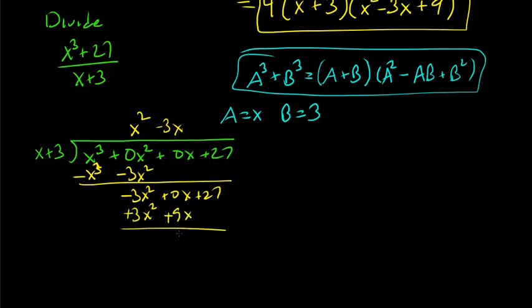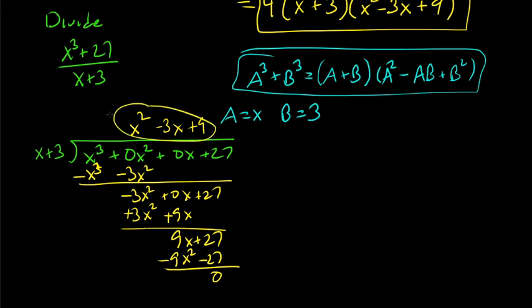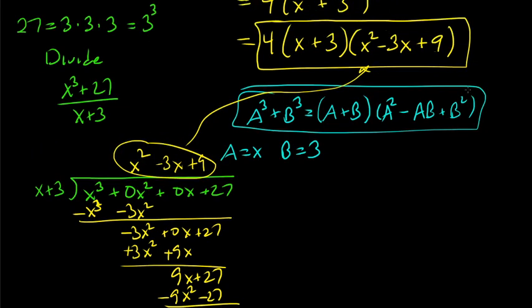Switch the signs and add. And finally, negative 9x divided by x is just 9. And when you multiply, you get 9x squared plus 27, or switch the signs, and when you add, you'd get a remainder of 0. So that means it divides evenly. And as you can see, that is the other factor, up here.